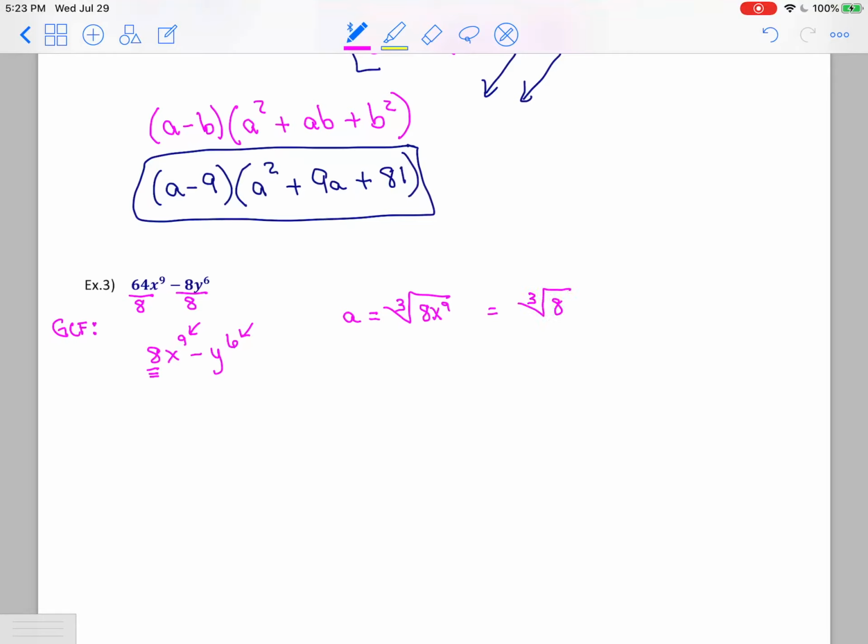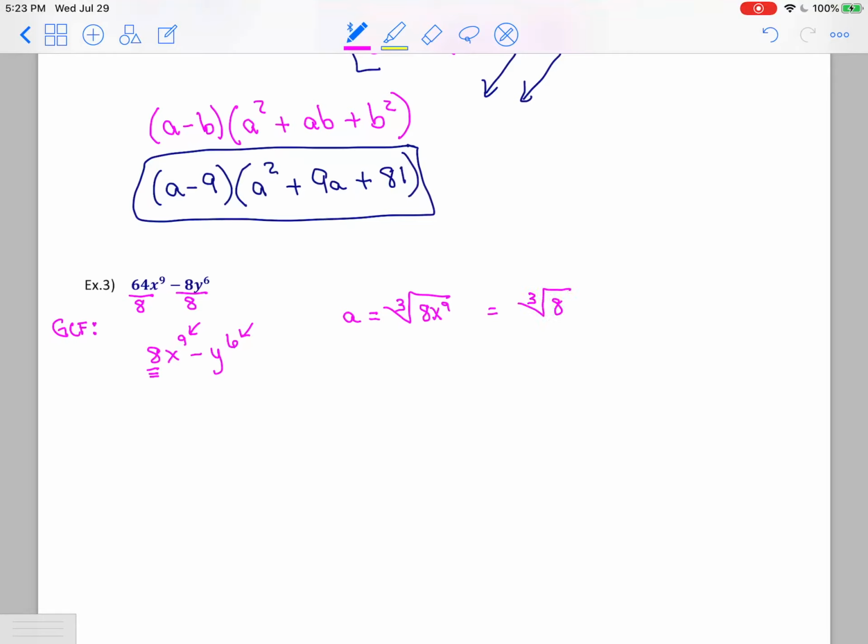Okay, and the reason for that, let's go over here and just check this for a second. We know that x cubed times x cubed times x cubed, using the product rule where we add those exponents, is going to bring us back to x to the 9th. Okay. All right, so here is our a.